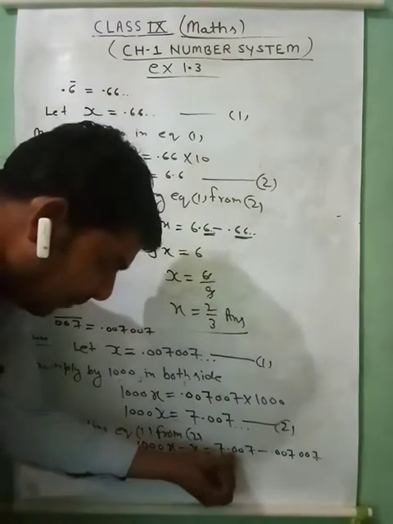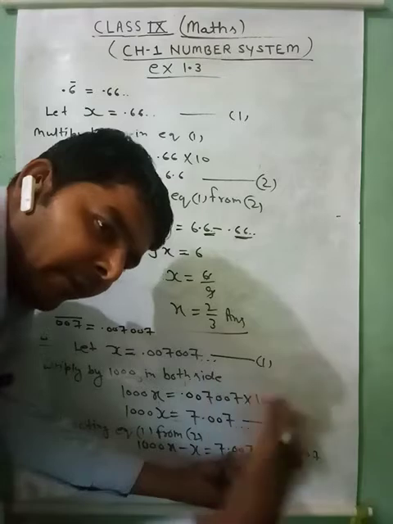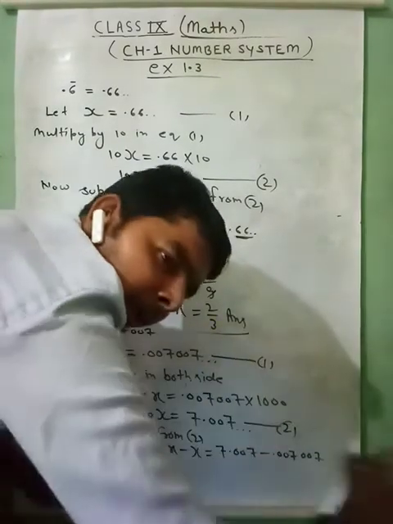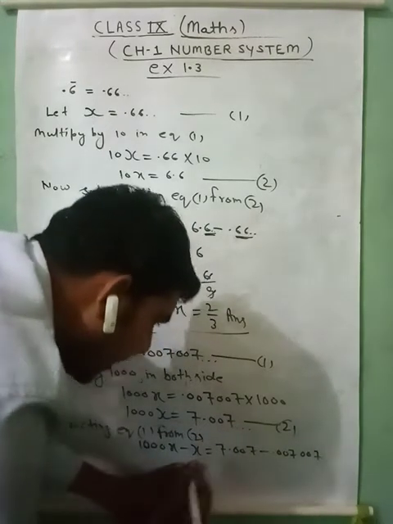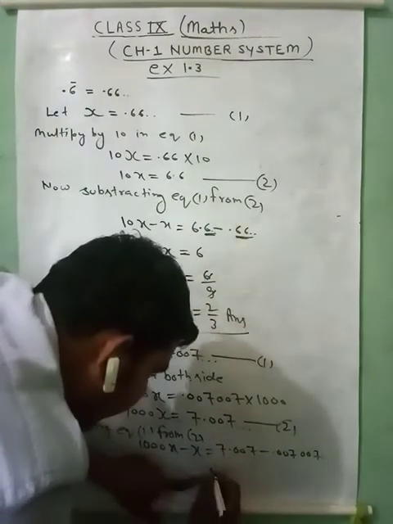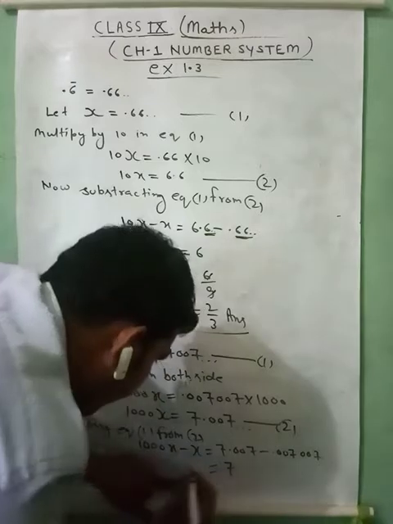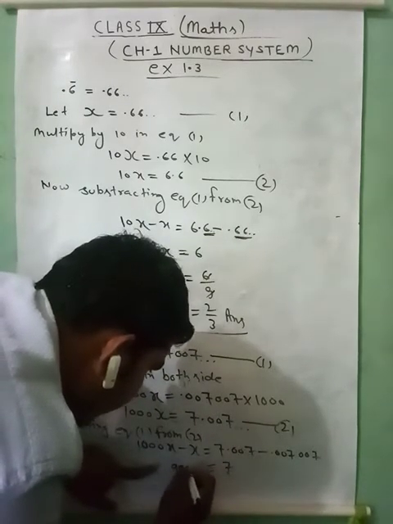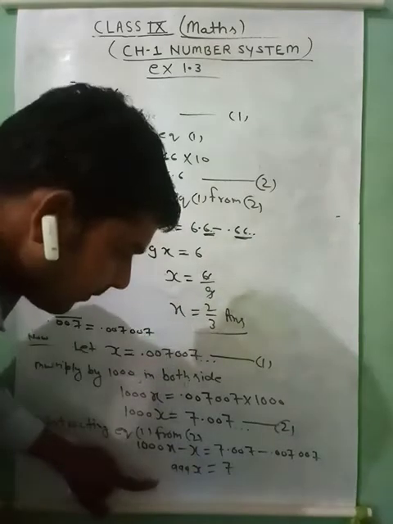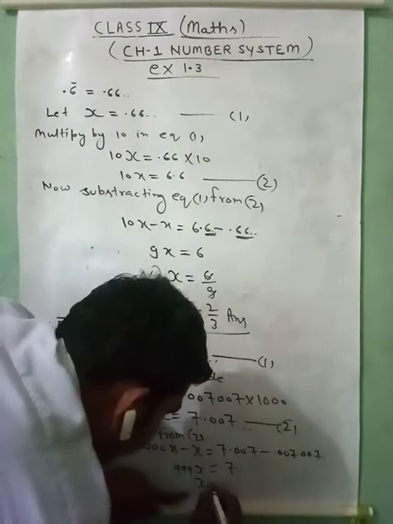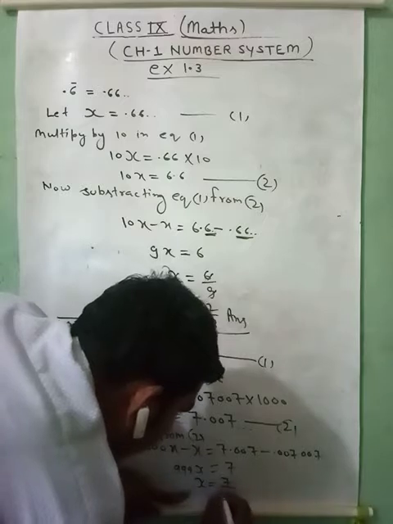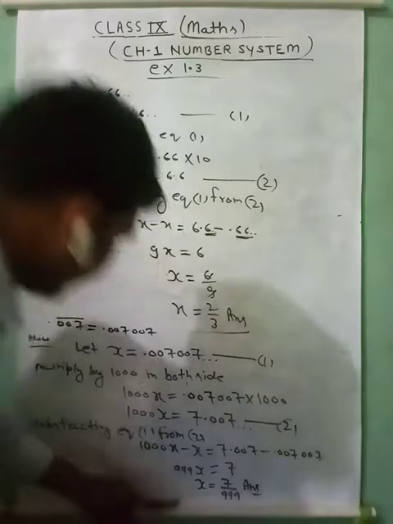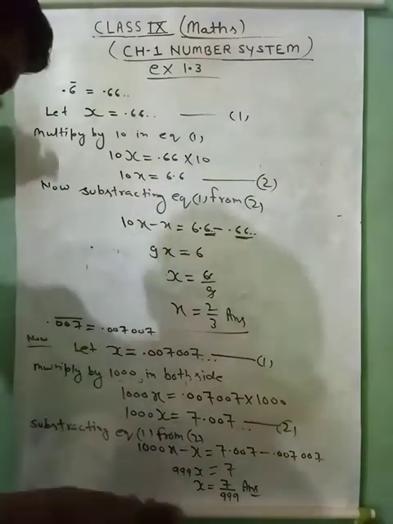Always remember, after the point all digits will be removed. It means 007, 0.007, will all be removed. What is left is 7, and here is 999x. So x is equal to 7 upon 999. It's your answer.